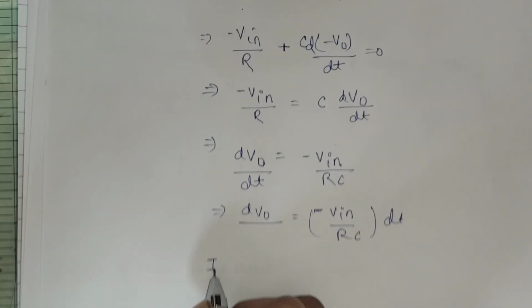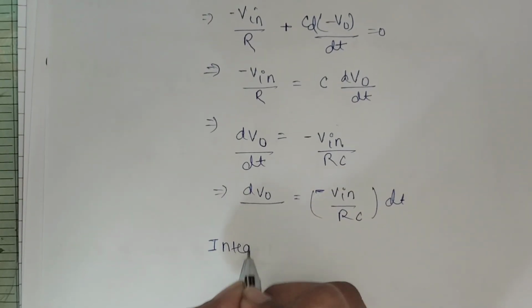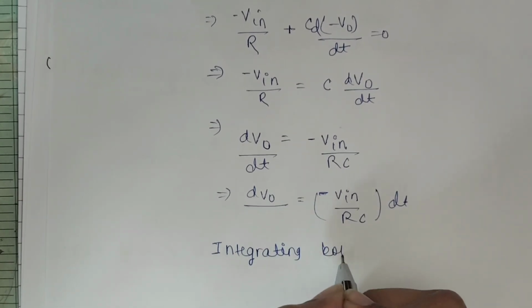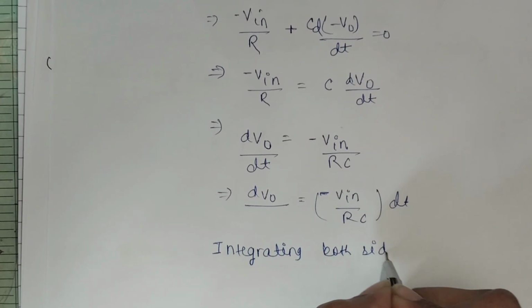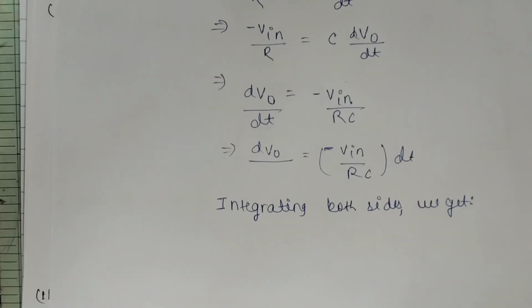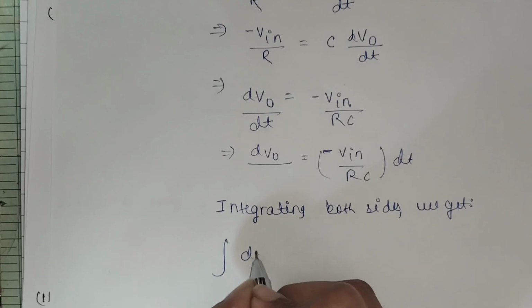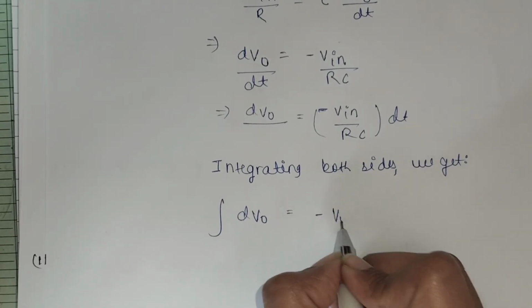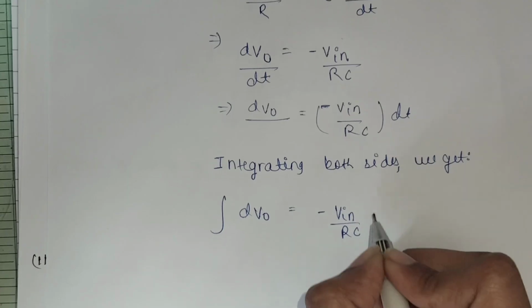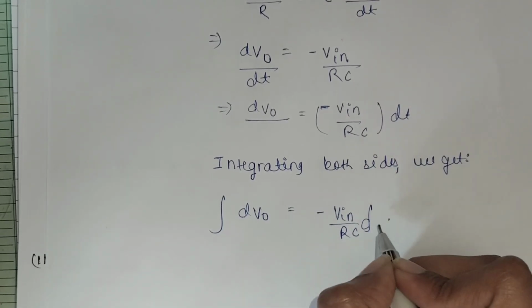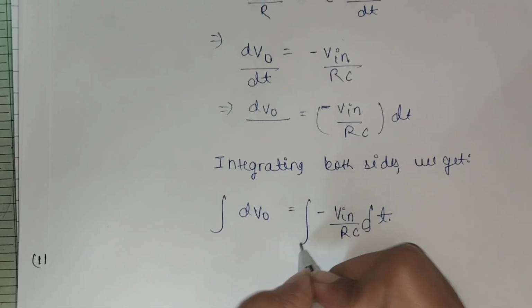Integrating both sides, we get integral of dV naught is equal to minus V in by RC times integral of dt.